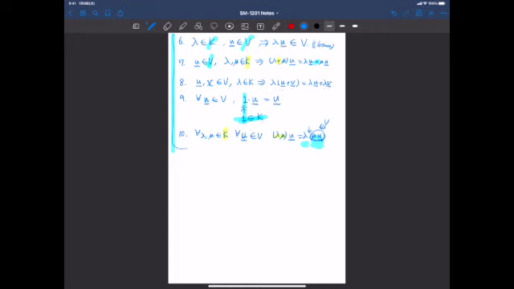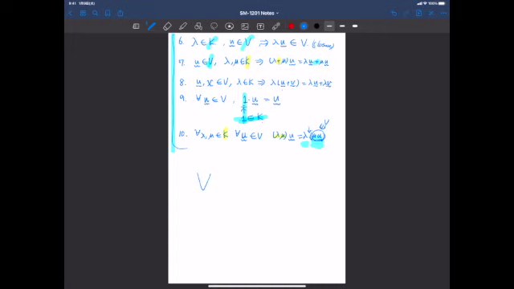Then any set that satisfies all these properties can be considered to be a vector space. Okay, so this is another way to define vectors.